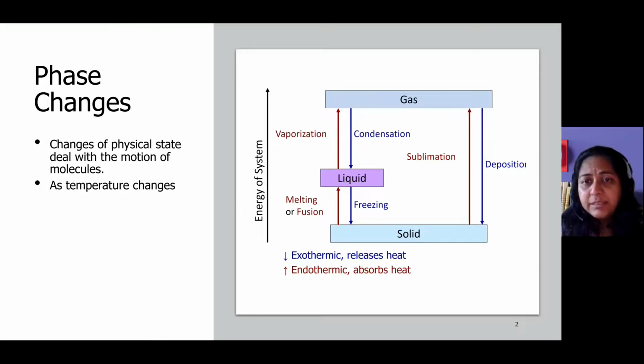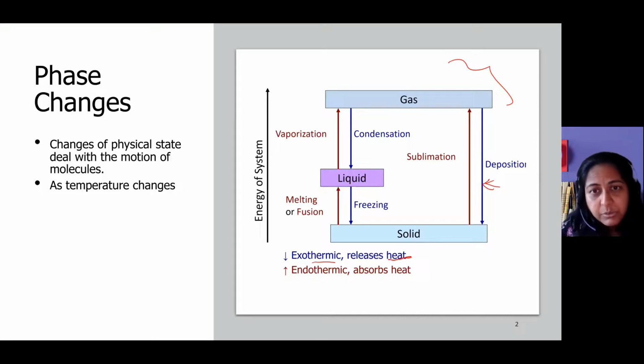When you look at this summarized phase changes diagram, you will see the processes between the different phases. All the processes shown with the blue arrows are exothermic processes. During those processes, the heat is released to the external environment, to the outside.